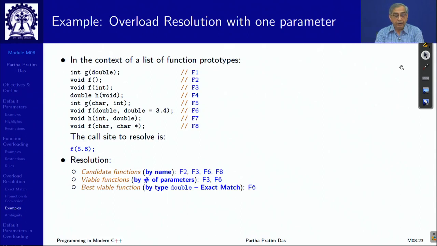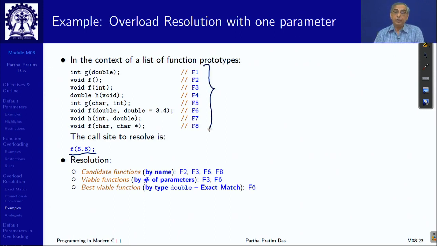So, an example to illustrate how the resolution will happen. Let us say I have a call f(5.6). It takes one parameter; 5.6 is a literal of double type, so it expects a double type, right? And these are the functions available to you.